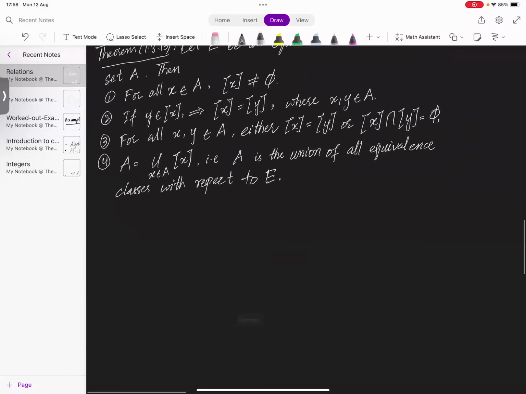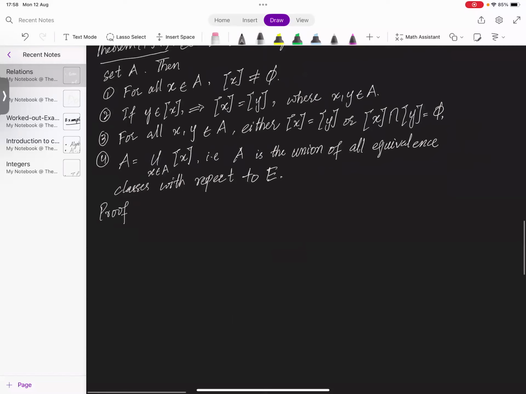Let's try. So proof of 1. 1 says that if you take any element from A, then the equivalence class with respect to that element is non-empty. To do that, we take an element x.